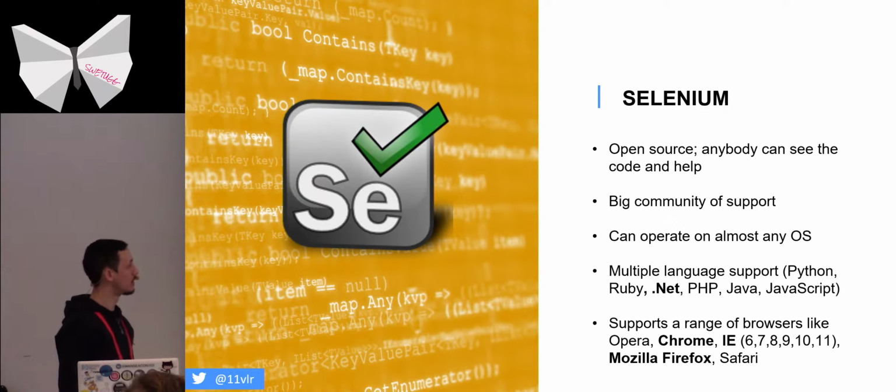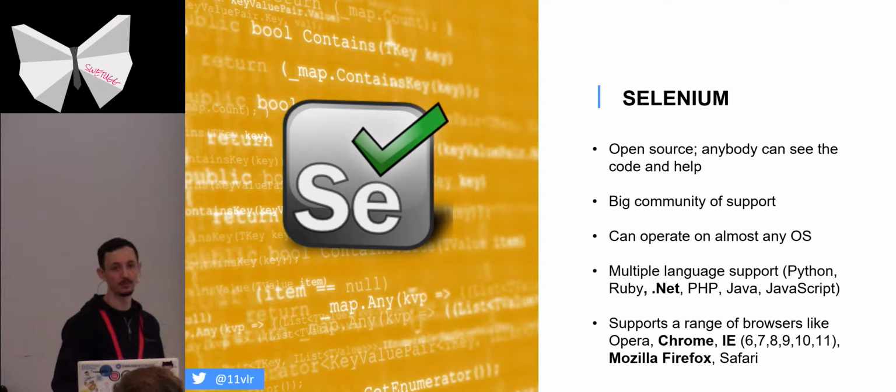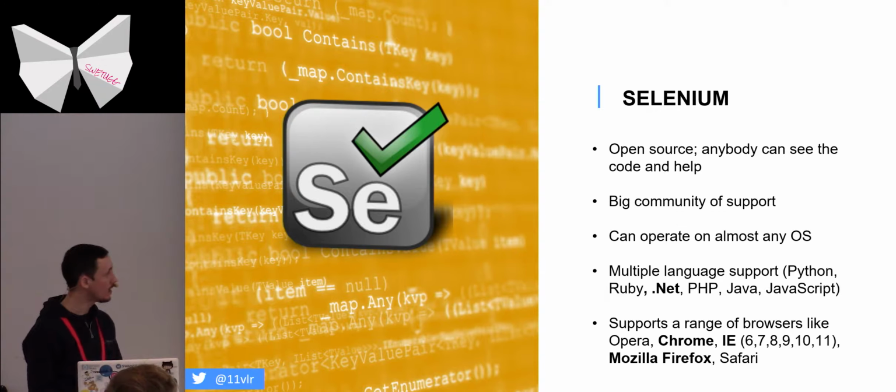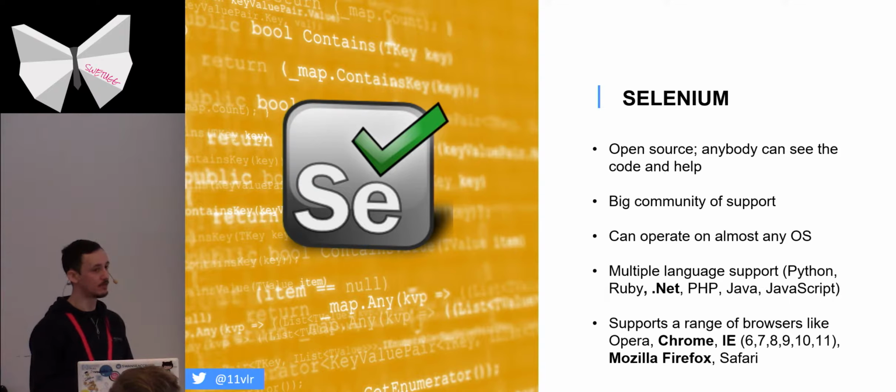A lot of the teams I've worked with pick Selenium. The reason for this is because it's open source. You can dig into the code. You can see what's happening. The one problem I've seen, though, is that when teams who have primarily manual testers get on board with Selenium, they get carried away writing helpers within the framework.